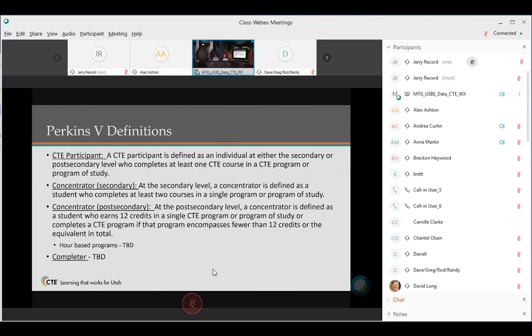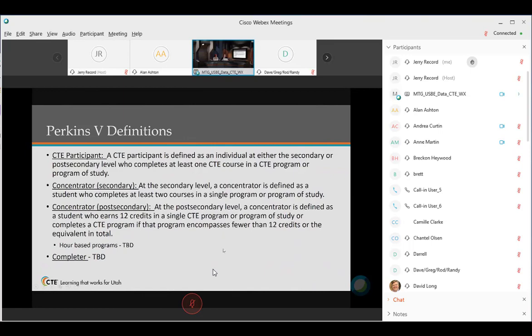So there was a question about all students being participants due to digital studies. Actually, all students are participants due to the 1.0 graduation credit for CTE.